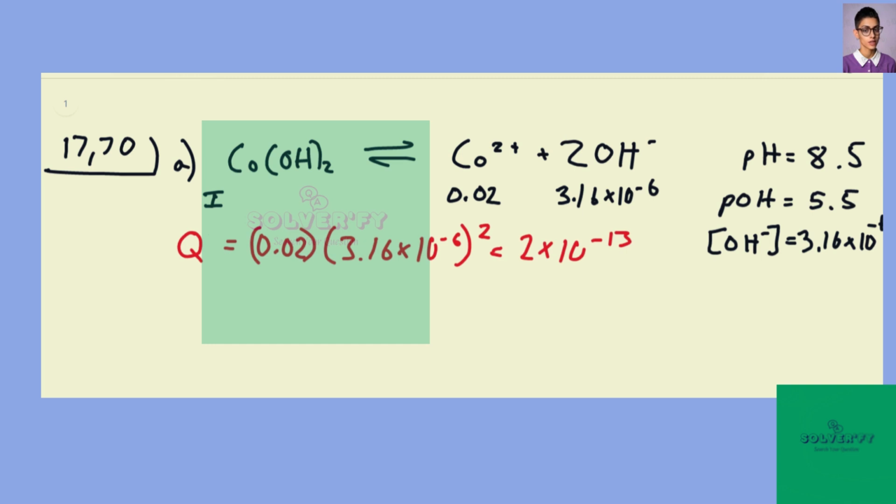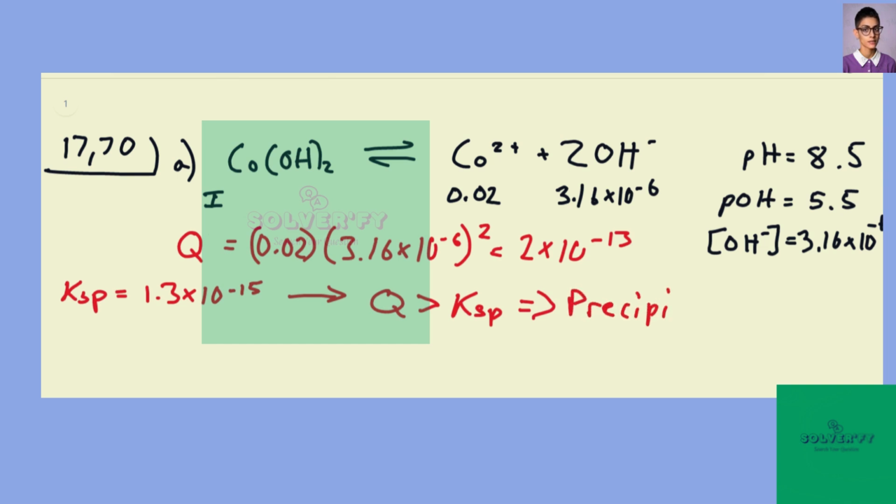Now, the KSP for cobalt hydroxide is equal to, from Appendix D, 1.3 times 10 to the minus 15. So we can say that Q is greater than KSP. So we will experience precipitation.